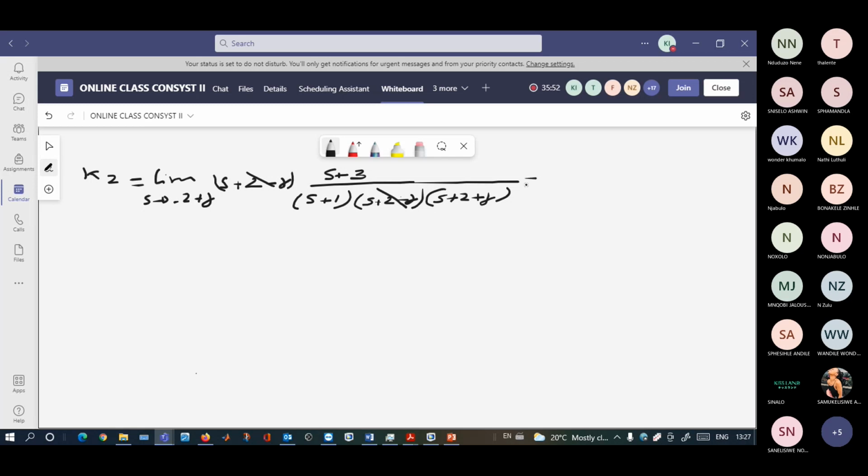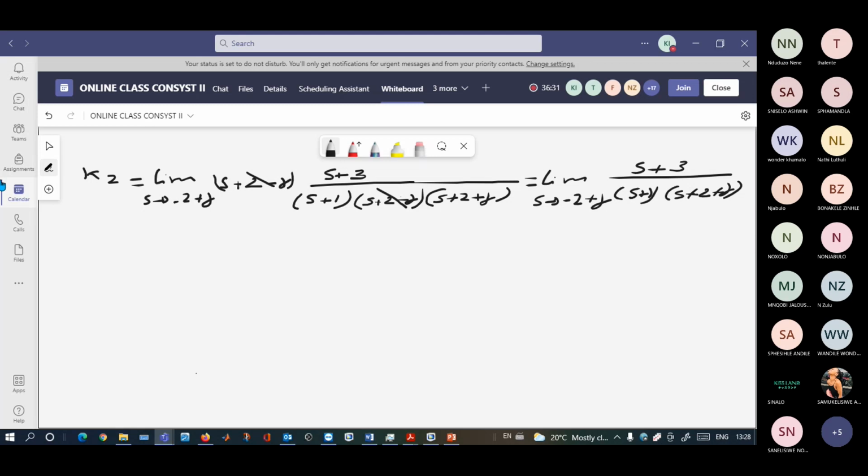Then we're going to remain with the limit of S approaching minus 2 plus J of S plus 3 over S plus 1 times S plus 2 plus J. So now we can replace this in where there is S.